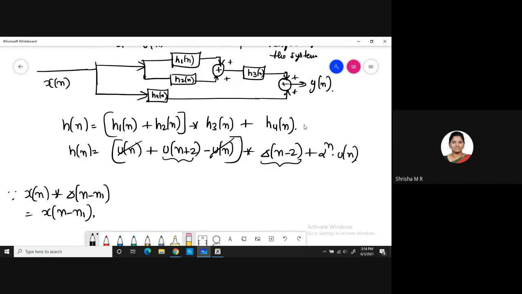Similarly, you have u of n plus 2 in place of x of n. If you convolve it with delta n minus 2, what will you get?